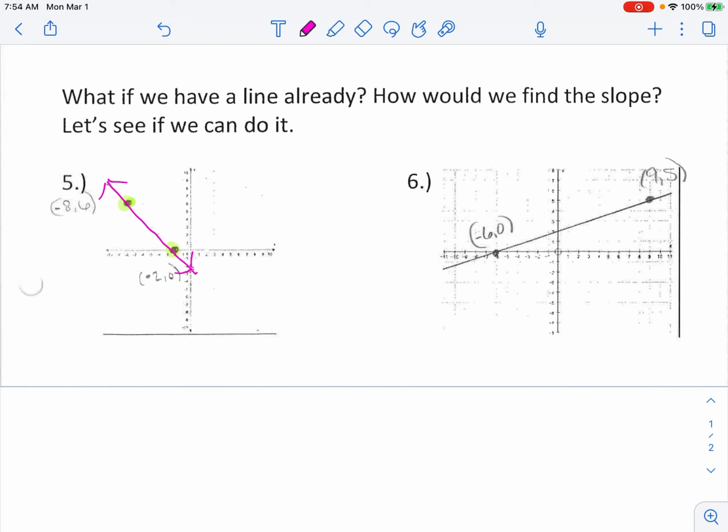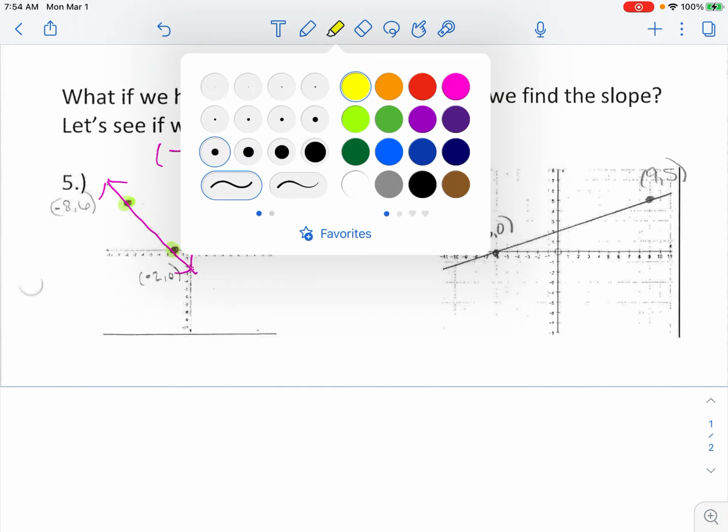So I'm going to go ahead and put those up here. So my first point is -8, 6, and my second point is -2, 0. So first I'm going to focus on the change in y. So to get from 6 to 0, that's a change of -6.